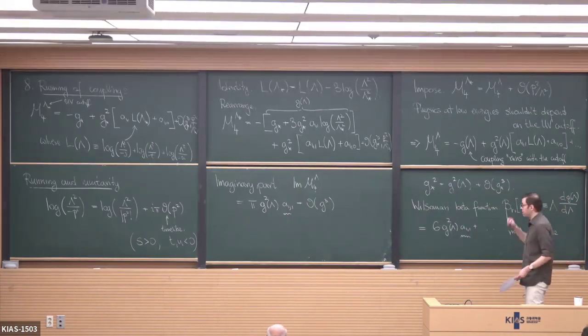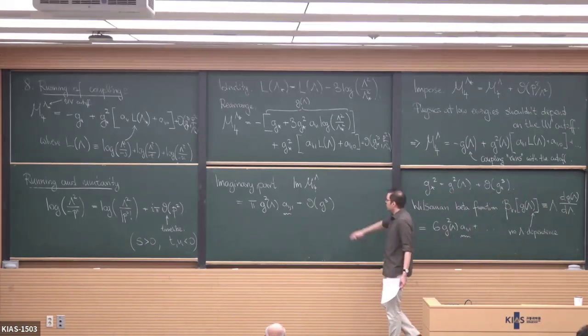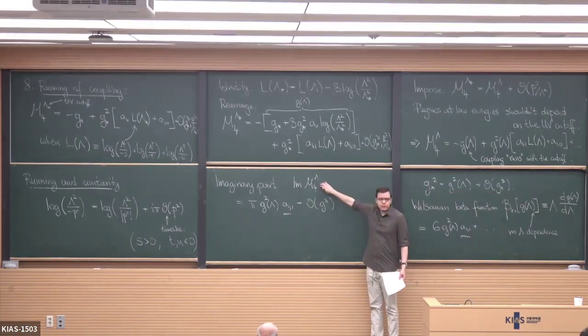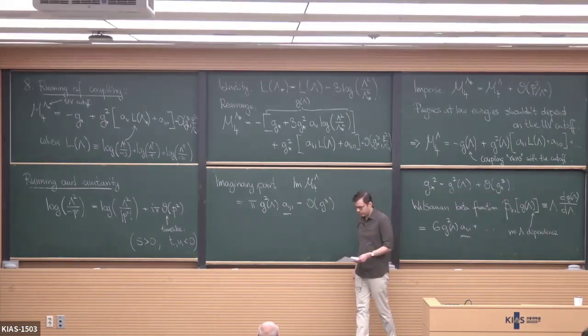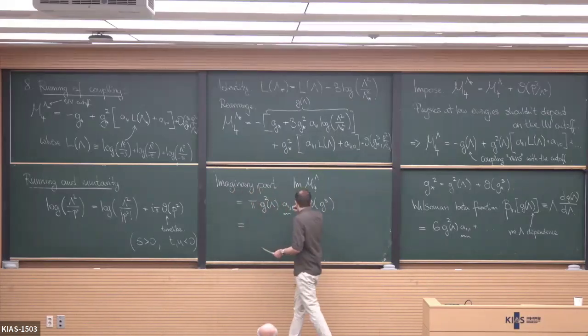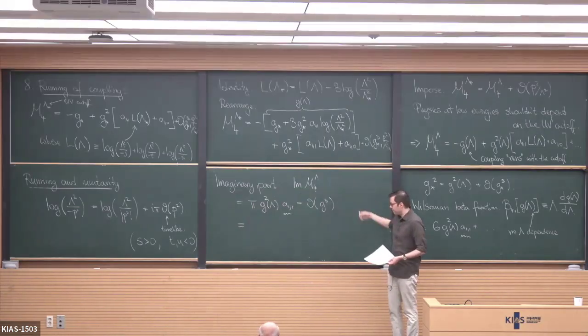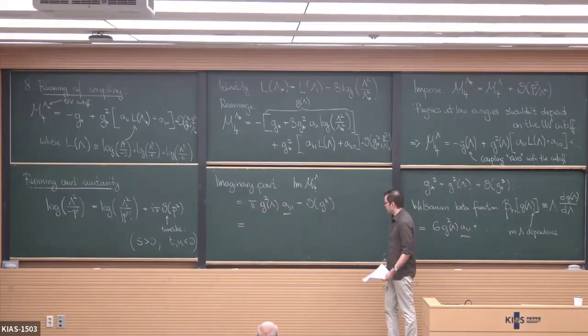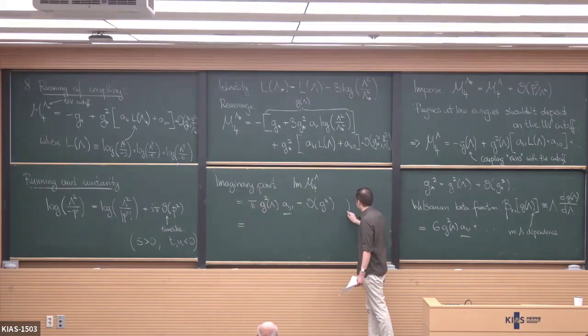Now we can actually exploit this connection by computing the imaginary part in a different way than a naive computation using Feynman diagrams. And in fact, what I'm going to do is use the optical theorem.